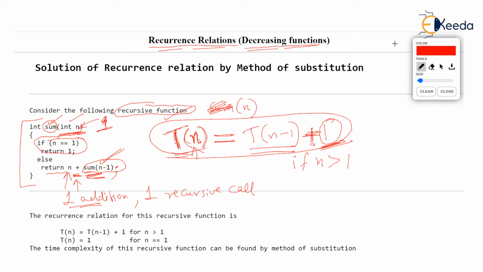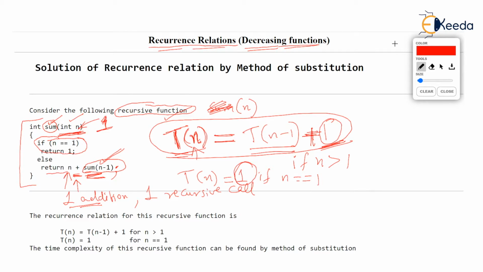Now what if n is 1? If n is 1, then if statement becomes true and the function simply returns 1, there is no recursion involved when n is 1. So we can write Tn is simply 1 if n is 1. Now, what does this one mean, which I am encircling here?